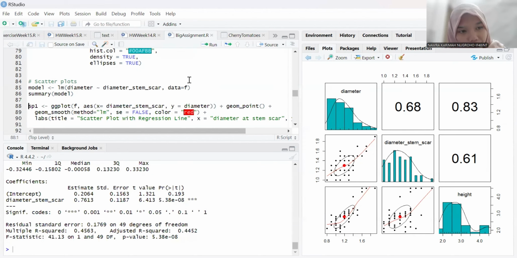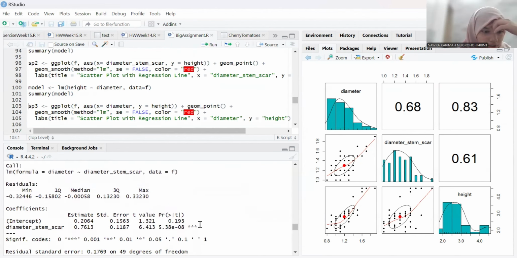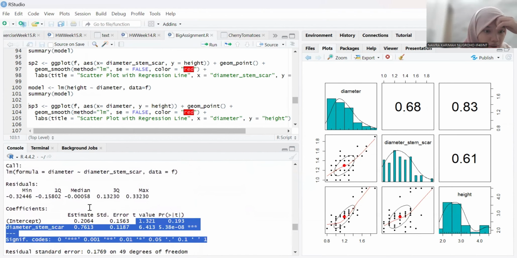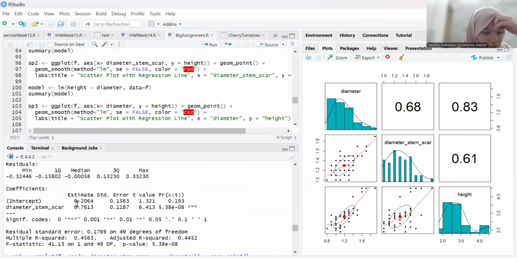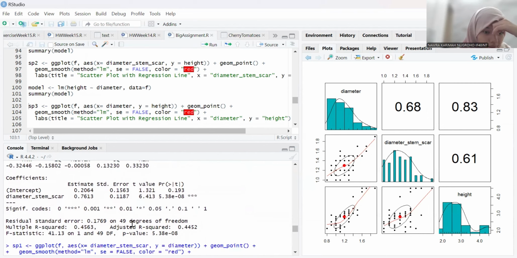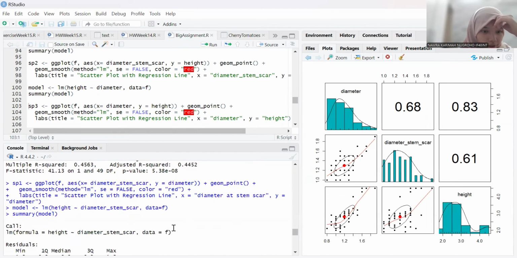This is the summary of the model of diameter versus diameter at stem scar, which can be seen that it is statistically significant because the p-value here is less than 0, and also the r squared, the adjusted r squared.